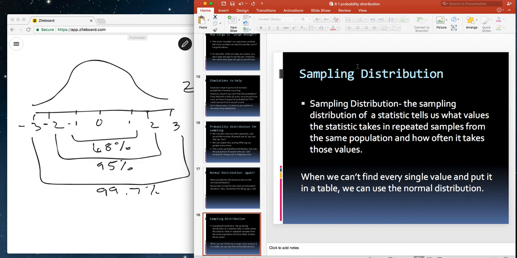A sampling distribution of a statistic tells us what values the statistic takes in repeated samples from the same population and how often it takes those values. When we can't find every single value and put it in the table, we would just use a normal distribution.